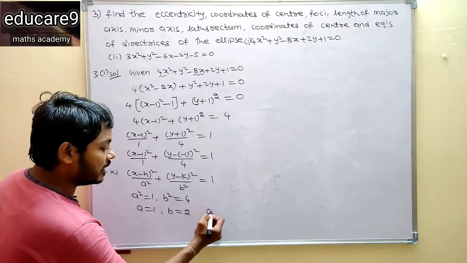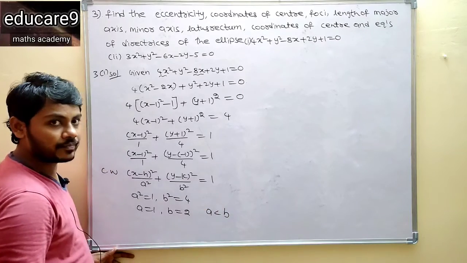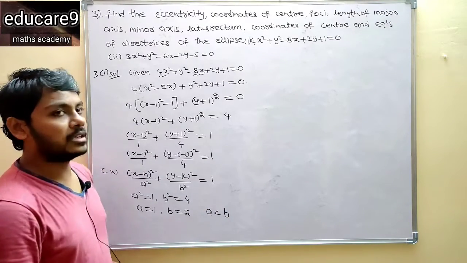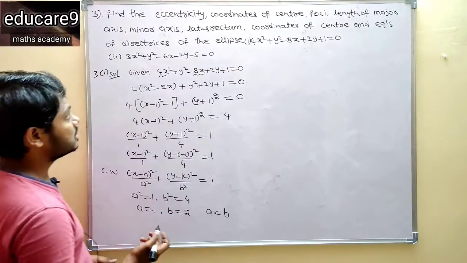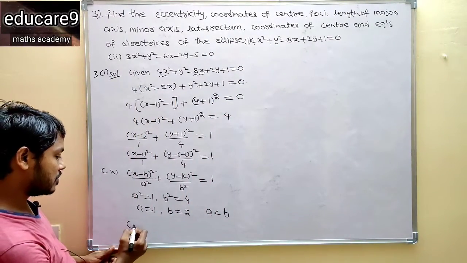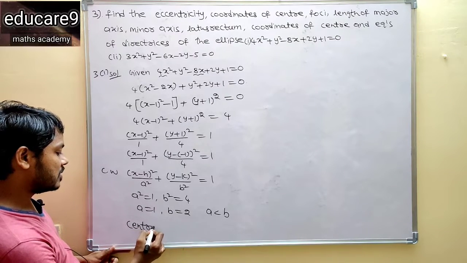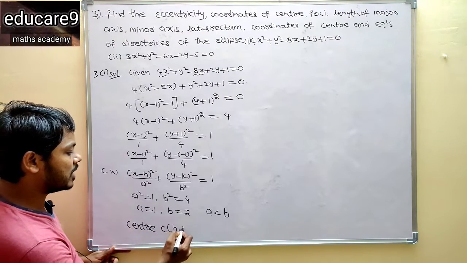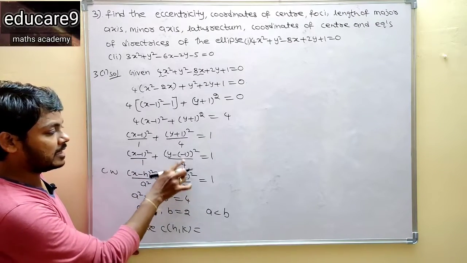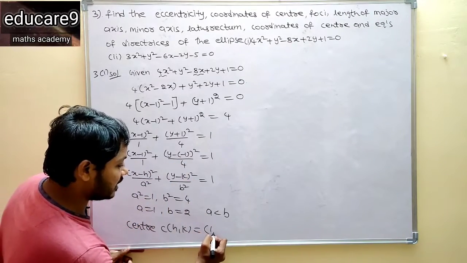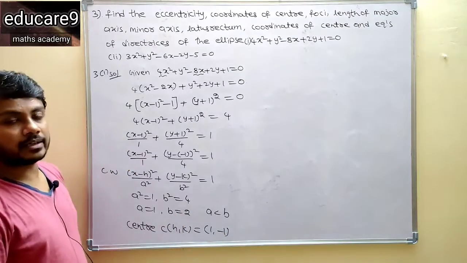So clearly here a is less than b. In that case you need to find all these. So first, the center. What is the center? C (h, k), that is h is 1, k is minus 1. So clearly (1, -1) is the center.